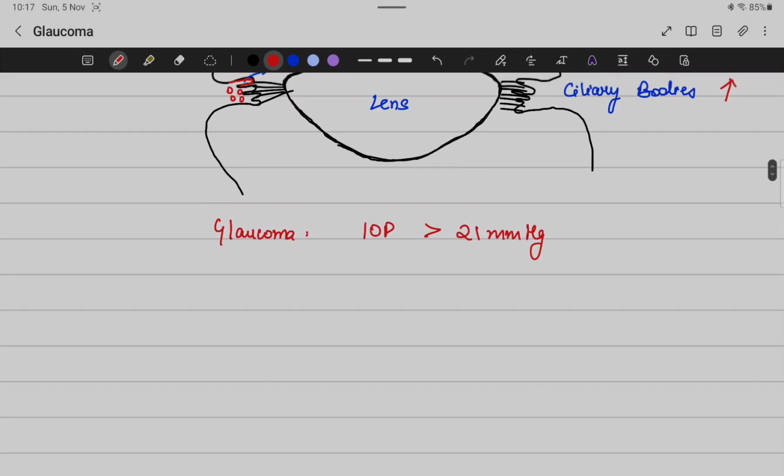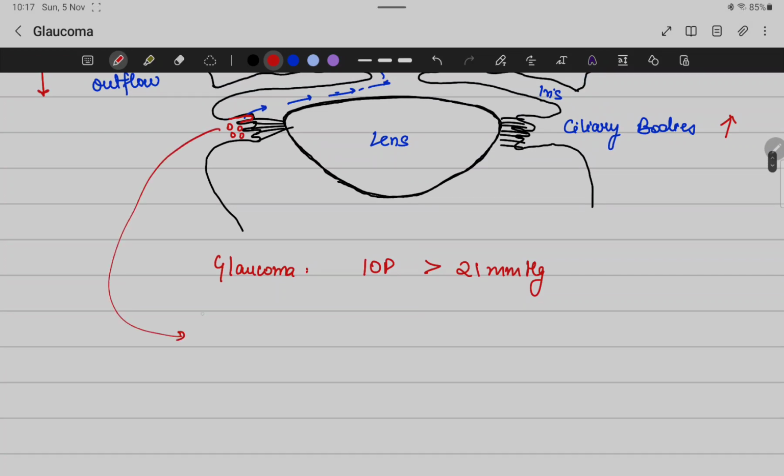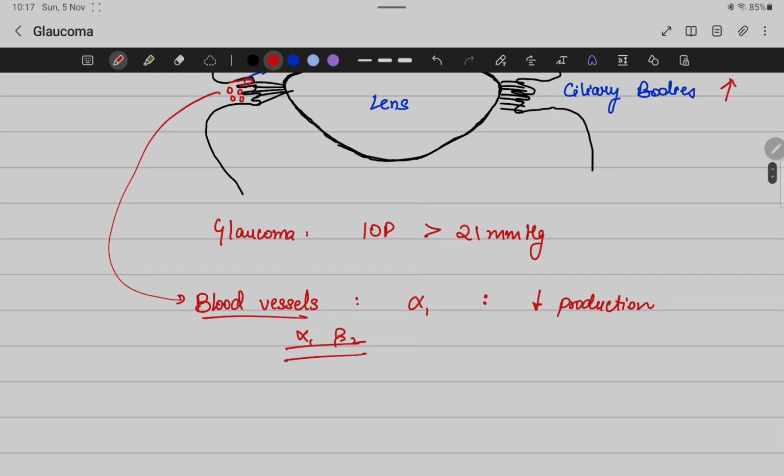At these blood vessels right here you have alpha 1 receptors, and when stimulated, these alpha 1 receptors decrease the production of aqueous humor. How? Your blood vessels have alpha 1 and beta 2 receptors. Alpha 1 constrict the blood vessels, decreasing the flow, decreasing the production of aqueous humor.